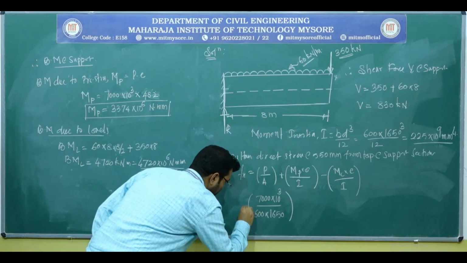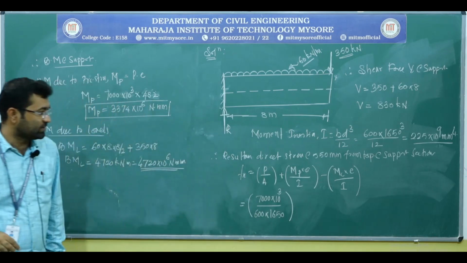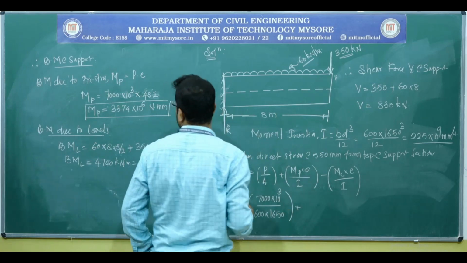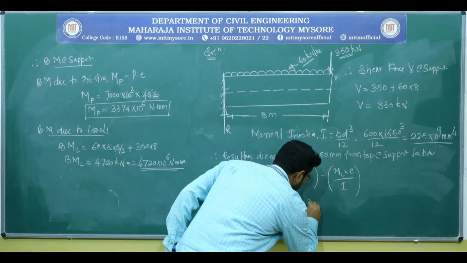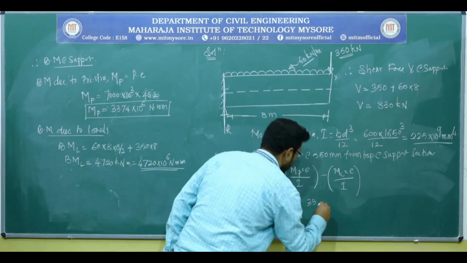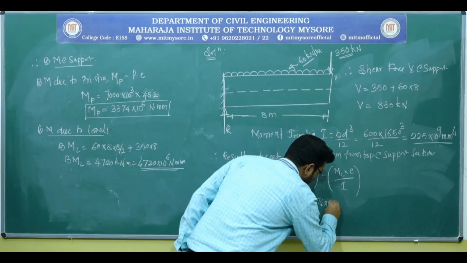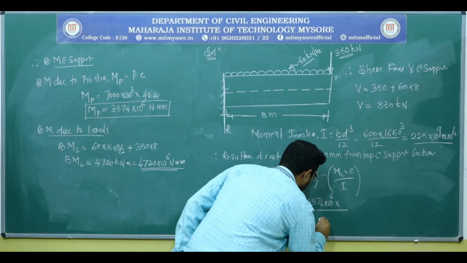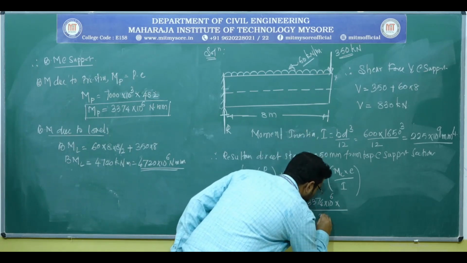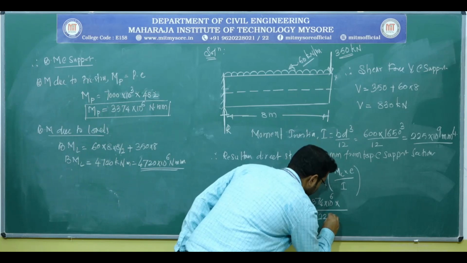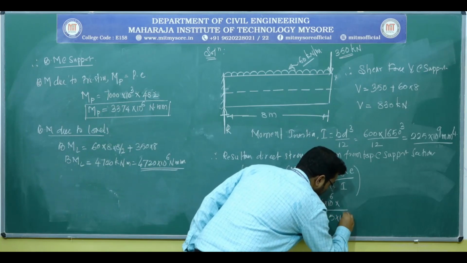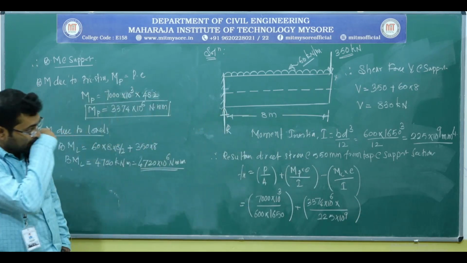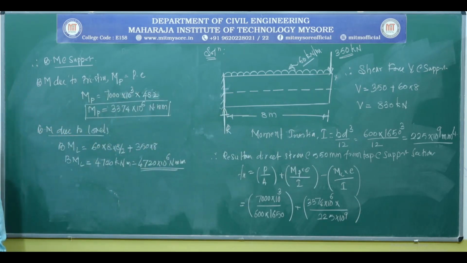This is the direct stress, plus the moment due to pre-stressing force, 3374 into 10 to the power 6 into eccentricity divided by I, which we have calculated as 225 into 10 to the power 9. Can anybody tell me how much is the eccentricity here?